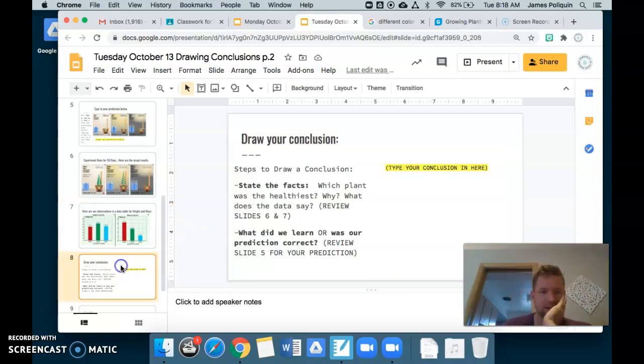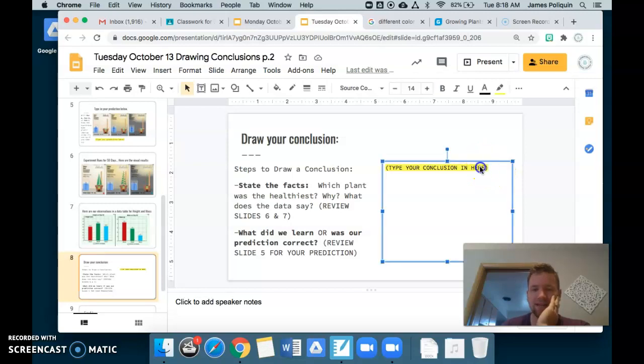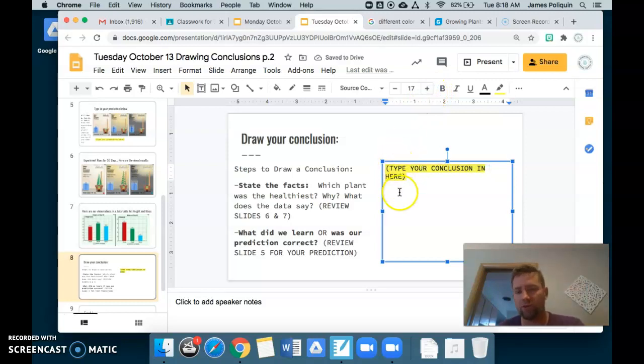So, steps to drawing a conclusion. State the facts. Which plant was the healthiest? Why? What does the data say? Okay, so when we share that in our data, review slides 6 and 7, those are just our facts, but which plant was the healthiest?